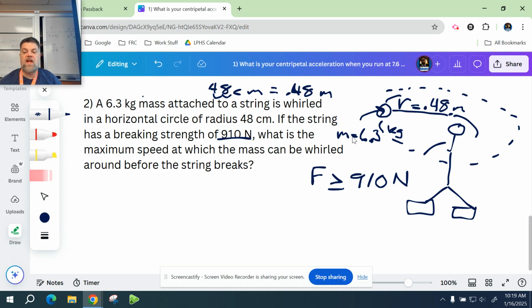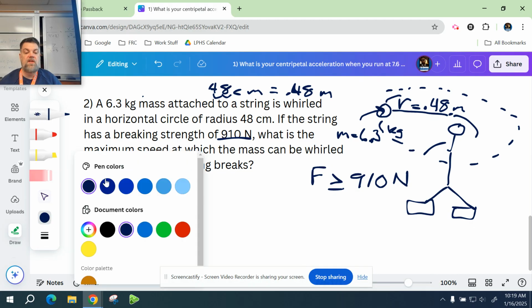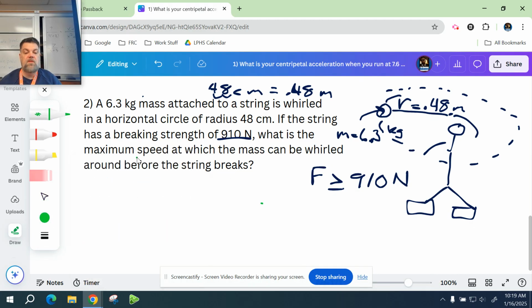Then you look for something that has a mass, and then something that has a radius. This is the stuff we know. But then it says at the very end, what is the maximum speed? Well, speed's velocity. So what we have to do is find an equation that has velocity, force, mass, and radius.